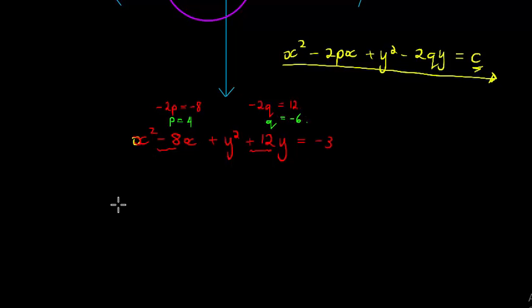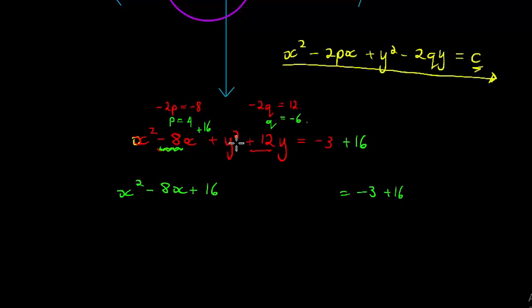The value I'll have to add here is x squared minus 8x plus p squared. Half of what's in front of the x is always the one we take, which is negative 4, but I will square it, so it will be positive: 4 squared is 16. Now be very careful. What I do on the left-hand side, I have to do on the right. So on the right we have negative 3 plus 16.